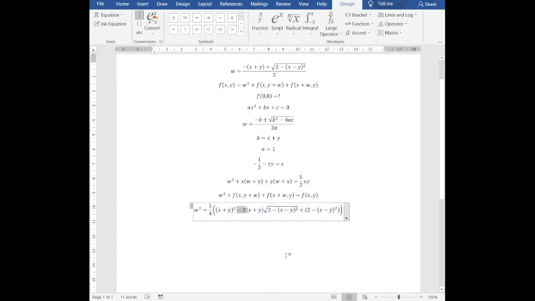So things I'm noting are, again, we've got a difference of two squares cropping up. So let's just take 2. Difference of two squares. This is going to be minus that. It's going to be 4xy.